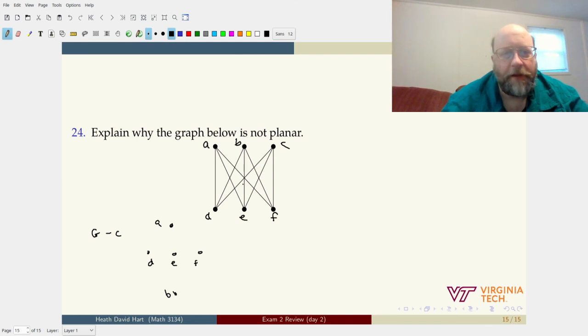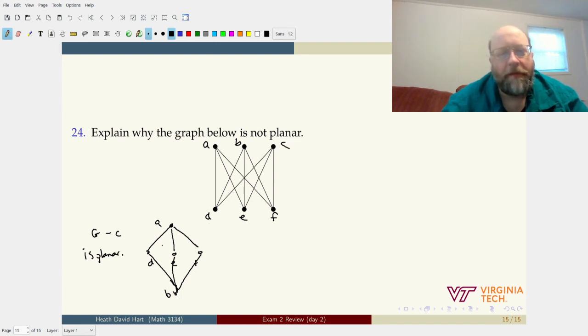A connects down to D, E, F, and B connects to D, E, F also. So G minus C is planar.